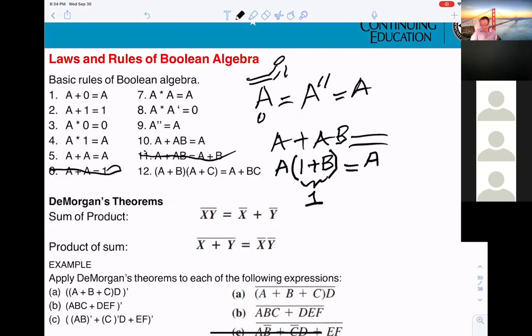Now, the only thing you need to know on this page is De Morgan's law, De Morgan's theorem. When you get not X times Y, meaning they put a bar over the product, I don't want to put a bar, I write it the same thing with not. X times Y means the product.